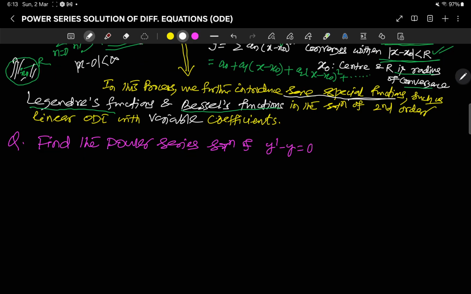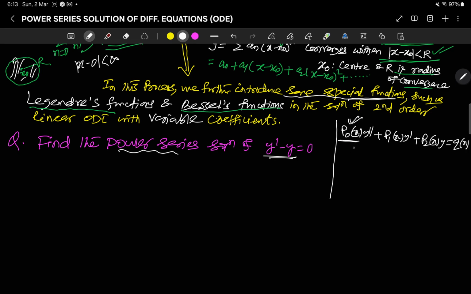So now you are asked to find the power series solution of y dash minus y is equal to 0. Basically, the power series equation we are solving has the standard form p0(x) y double dash plus p1(x) y dash plus p2(x) y is equal to, say, q(x). Now the coefficient p0 should not be 0 for any choice of x.